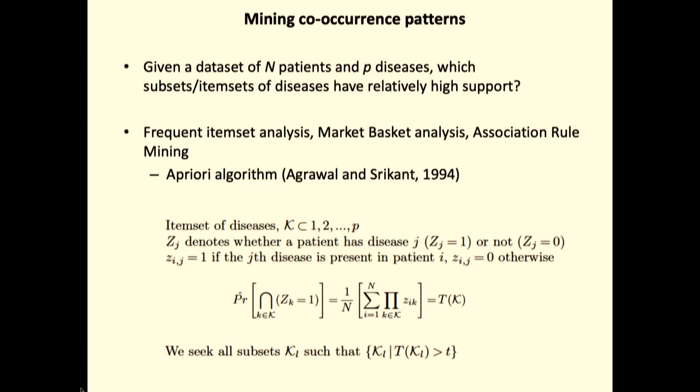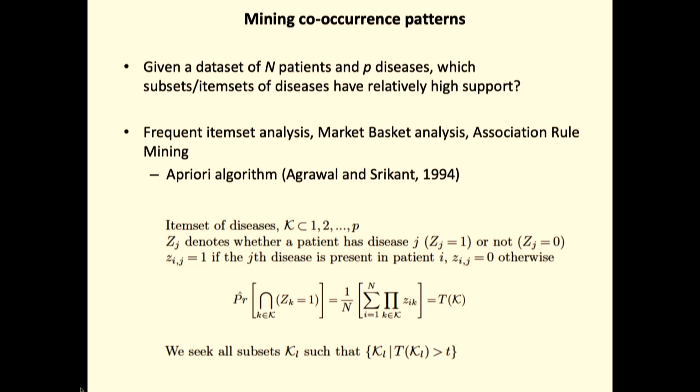In our case, of course, we're interested not in purchasing items. We're saying which disease subsets co-occur together. I think the best name for this is probably association rule mining, and maybe it's not as commonly known, but as you'll see, it's a much better term because it actually establishes associations between diseases and these item sets.